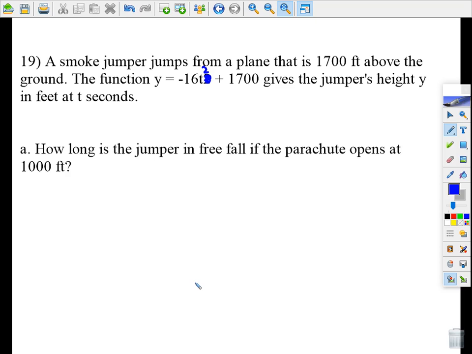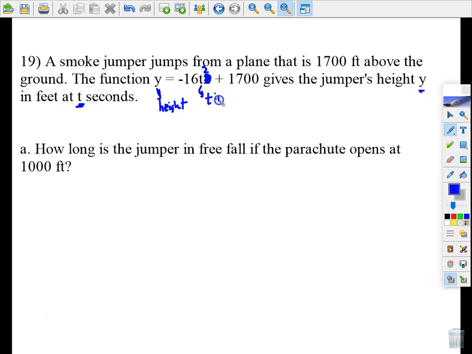They give you a function to help you identify the height of the jumper for a given number of seconds after the jump. Remember, y represents the height, and t in this function is time in seconds.